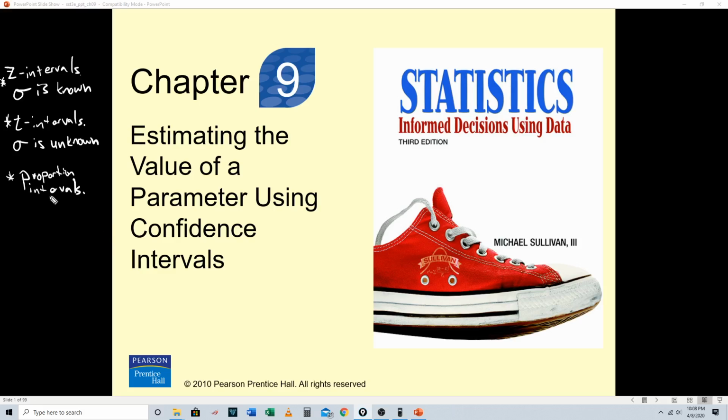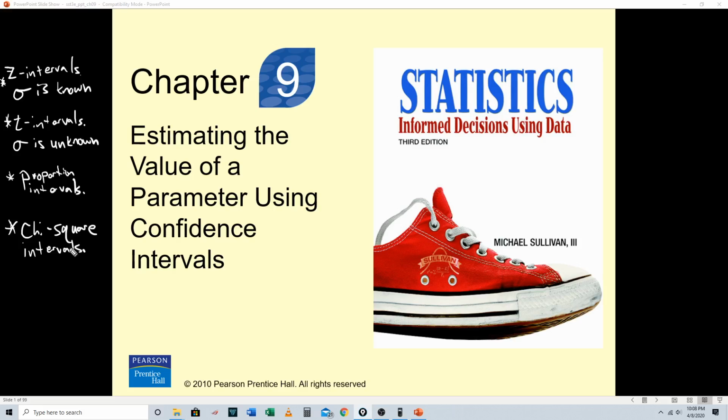Yes or no, pass, fail, succeed or not succeed. So proportion intervals, we'll do those, and then we're going to do this really fun thing, which is chi-square intervals.